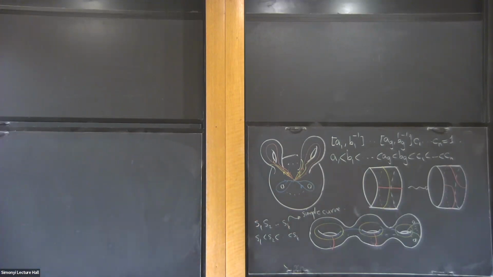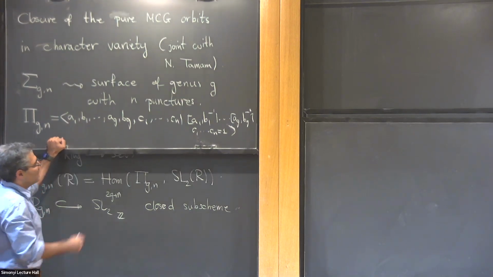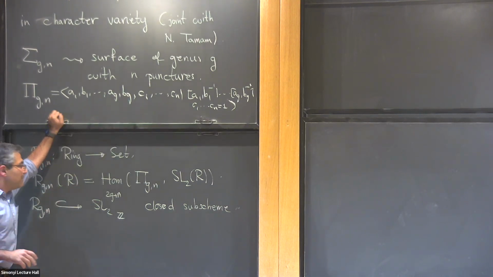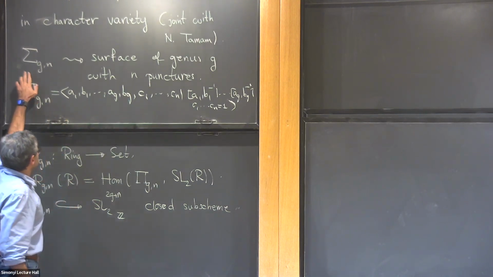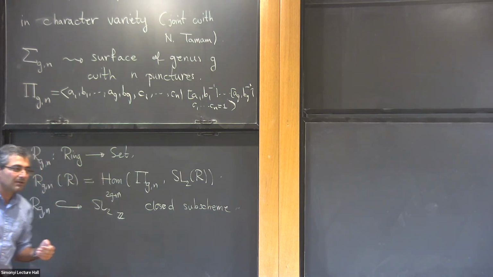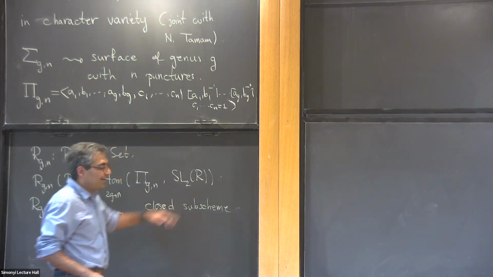So it's not quite natural to talk about this if you are interested in the surface. But if you change the base point, it's changing your representation up to conjugation. So it's more natural, if you are interested in the surface, to talk about these representations up to conjugation. So you want to mod out by an action of SL2 here.